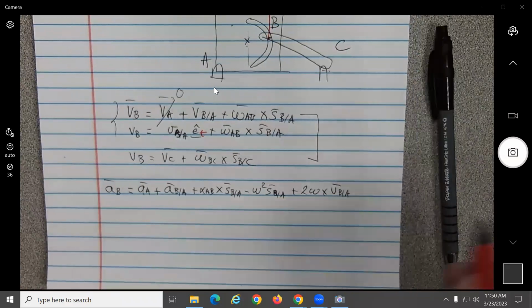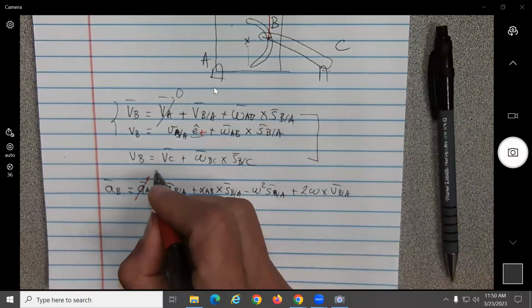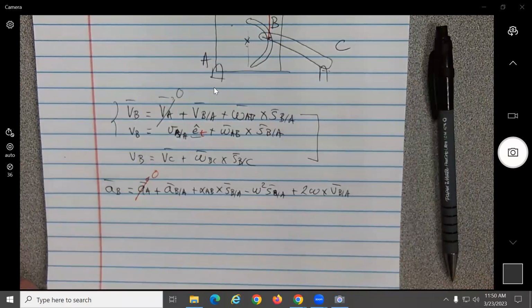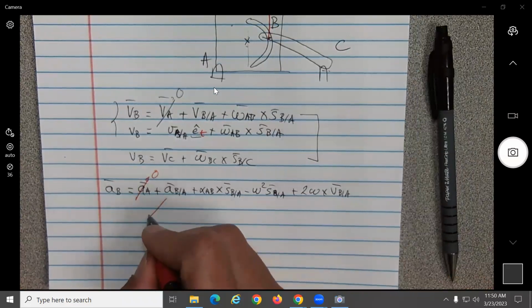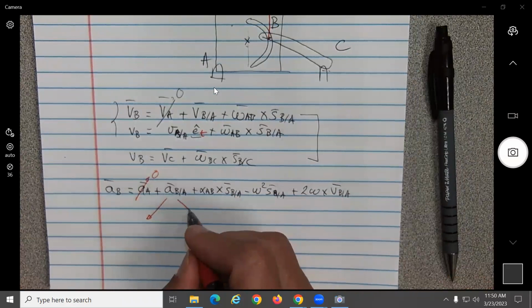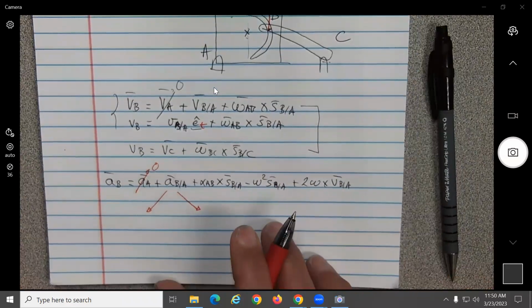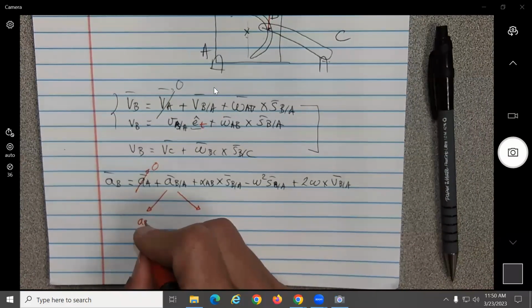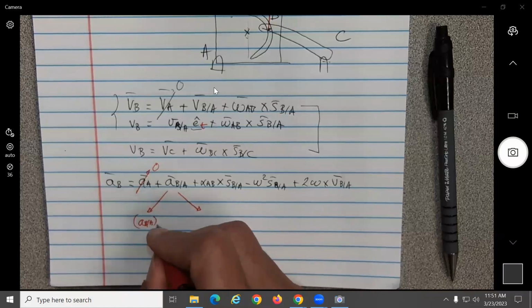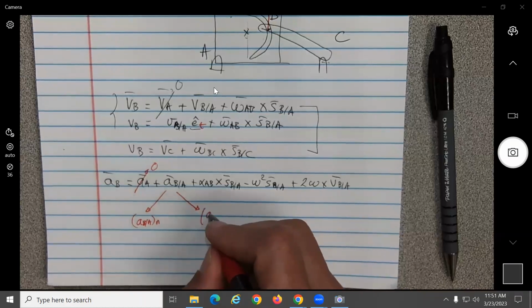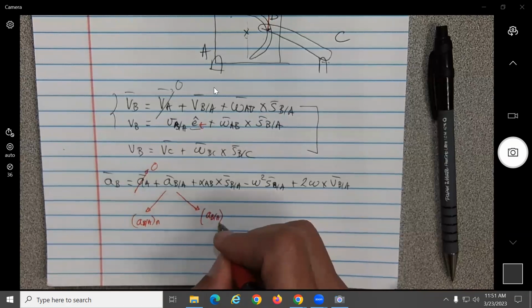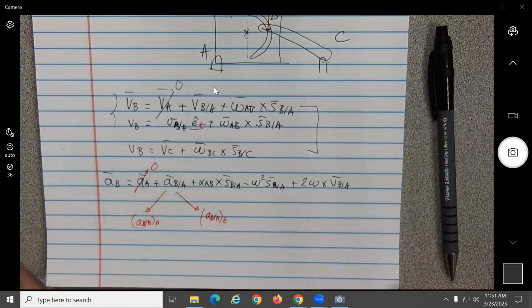So what will be the acceleration of A? 0. What will be the acceleration of B with respect to A? Some acceleration, some direction, but that's split into 2 terms. You have one that will be normal, centripetal, and one term that will be tangential.